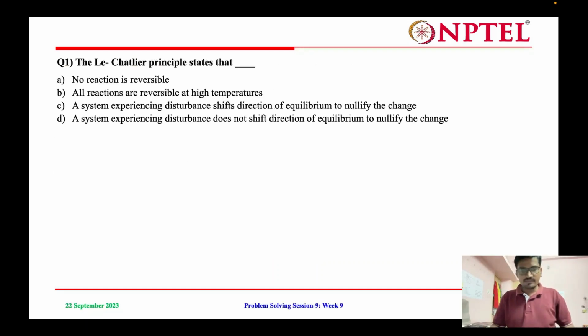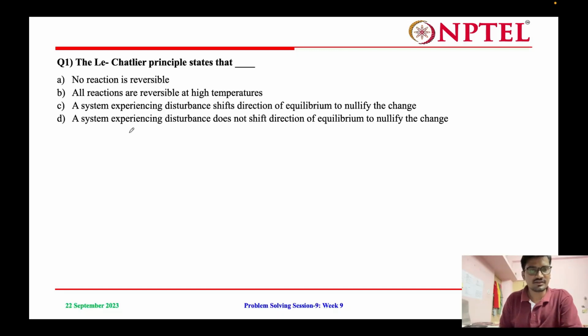So starting from the MCQ one, question one: Le Chatelier's principle states that, options given: A, no reaction is reversible. B, all the reactions are reversible at high temperatures. C, a system experiencing disturbance shifts the direction of the equilibrium to nullify the change.